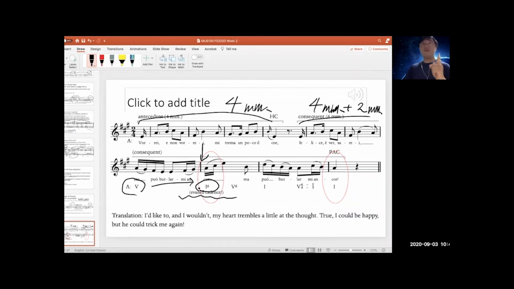That 1/6 spoils the attempt to make a nice little PAC, and thus evades the cadence. As a natural consequence, 2 more measures follow to conclude the consequent in a proper way, which is a PAC.